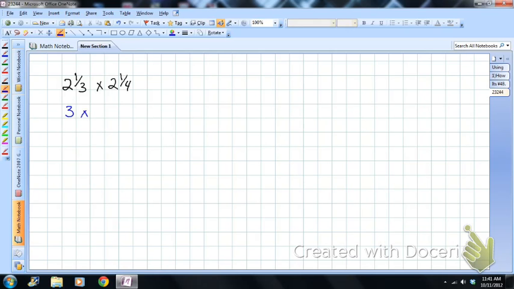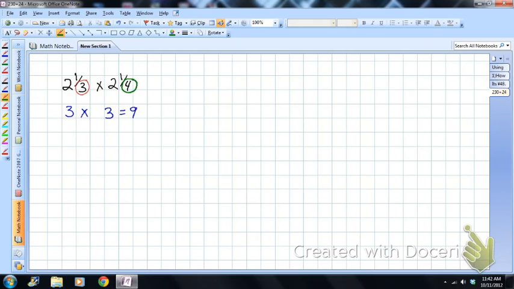For the 2 1/4, the next whole number that's larger than 2 1/4 is also 3. So now I'm going to need 9 rectangles. How tall are those rectangles going to be? Those rectangles are going to be 3 units tall. How wide will they be? They're going to be 4 units wide.